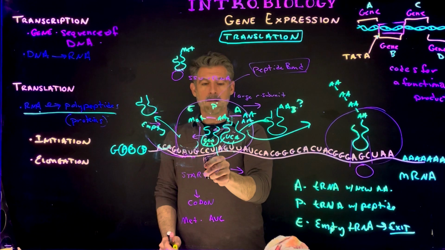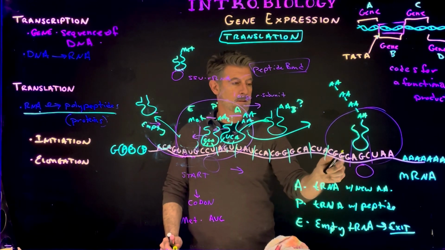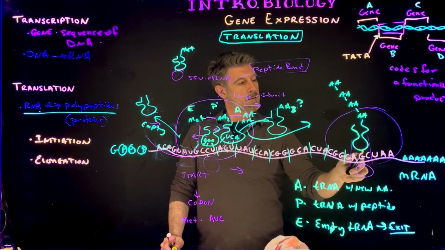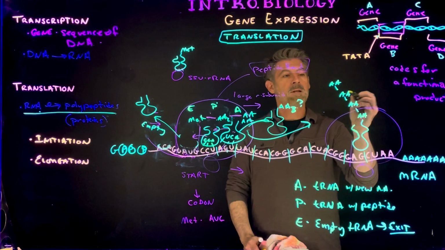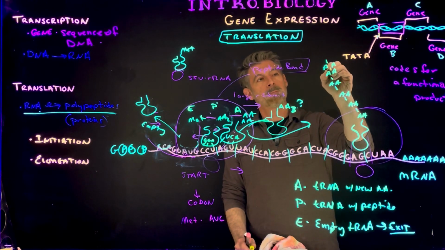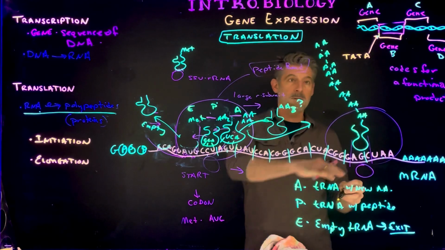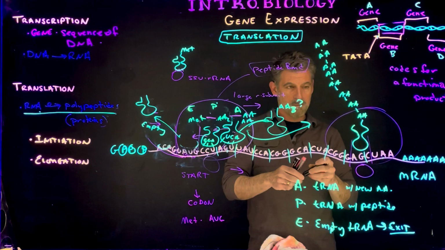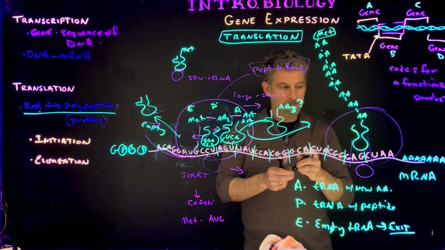That's the methionine, and then 2, 3, 4, 5, 6, 7, 8, 9, 10, and then we're going to be right here. So let's say there's 10 of these here. Most proteins and polypeptides have way more than 10, just to give you an idea. So there's a chain of amino acids here with methionine on the end. That was our first one.